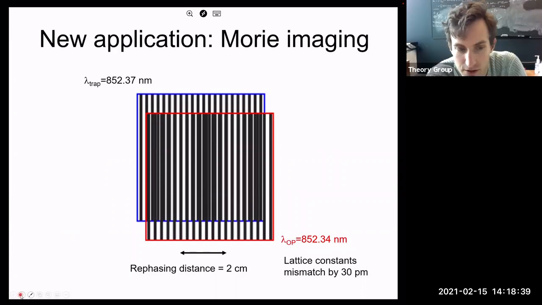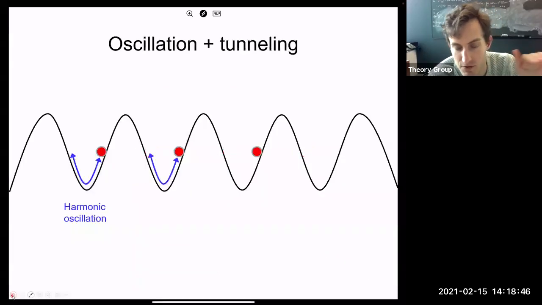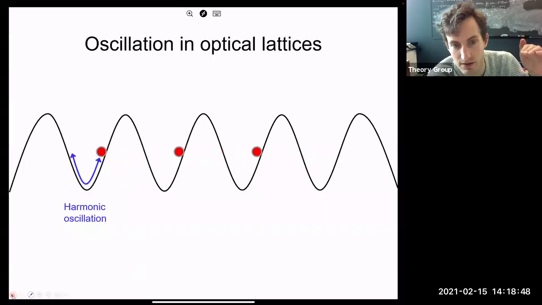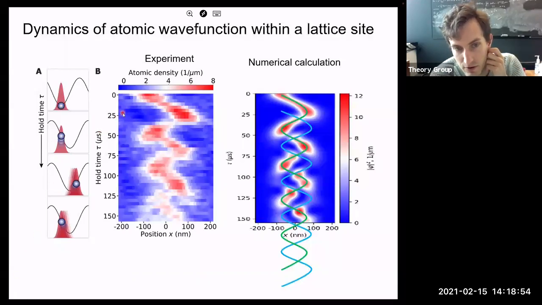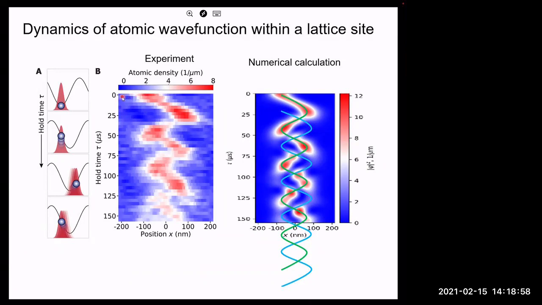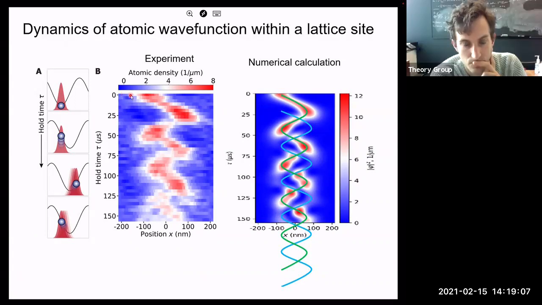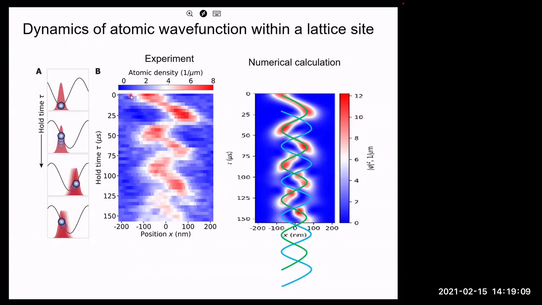Can I ask a question? Sure. In these plots of the experimental results, you're measuring at every time using this technique. That's right. Every horizontal line is a measurement. And this doesn't affect the particle somehow, these measurements? Right. For every single time we perform the measurement, by changing the piezo location, and after imaging, we repeat the experiment again.